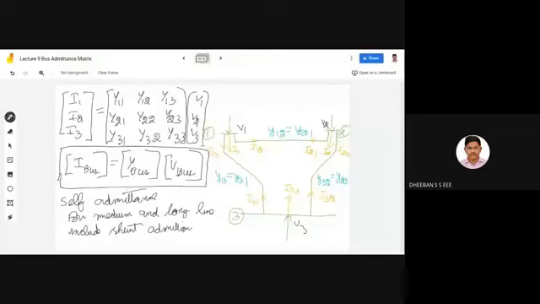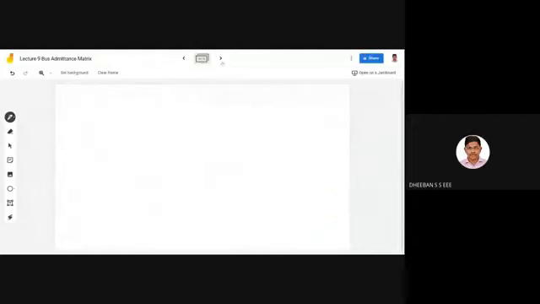While dealing with the problems, we'll get a clear idea. If you include a shunt admittance, Yii will be equal to summation j equal to 1 to n of Yij. This is what you generally use for self admittance. Apart from that, you have to add your shunt admittance.